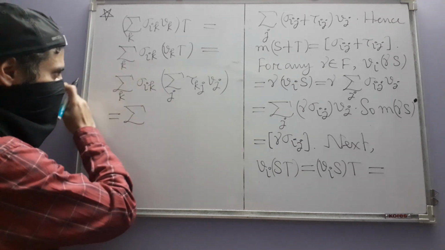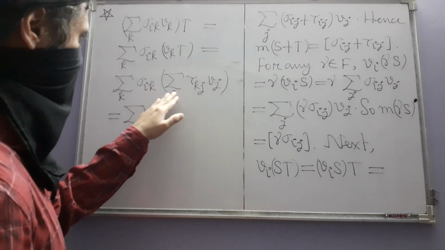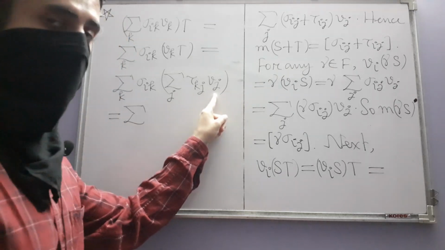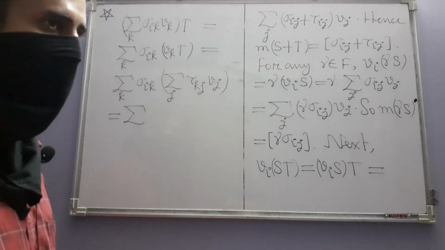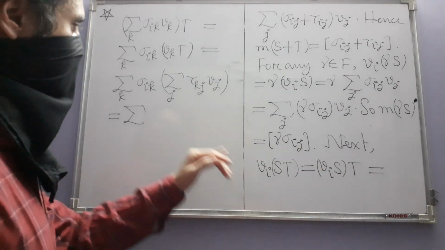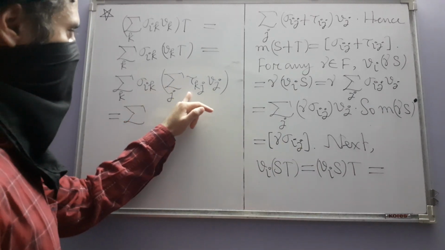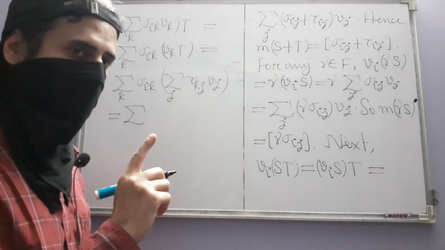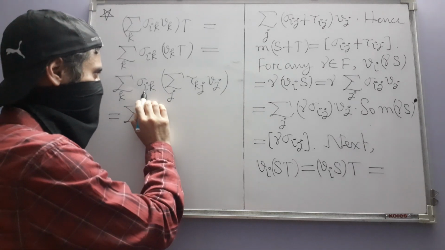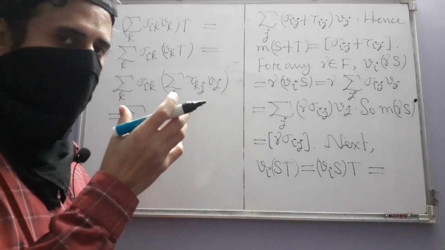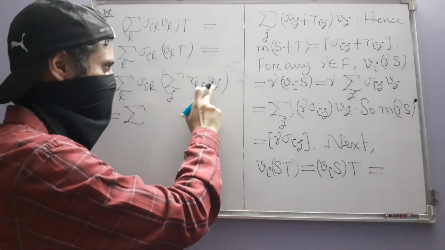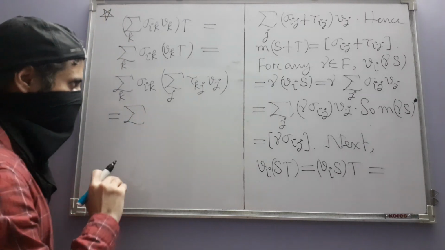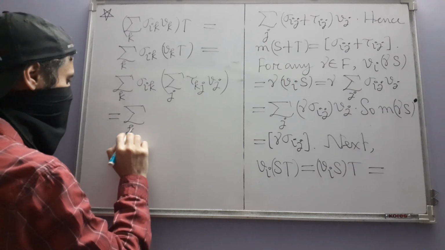So if you forget about the outer sum for a moment and think of the inner sum only, then you are multiplying this linear combination of the vectors Vj by the scalar sigma ik, which can be taken inside.